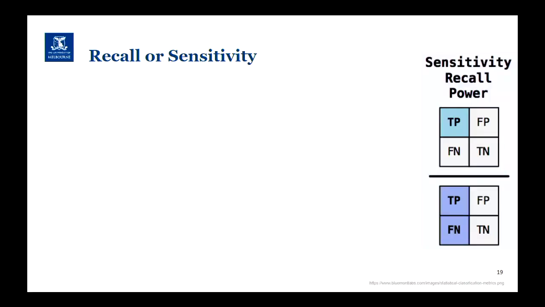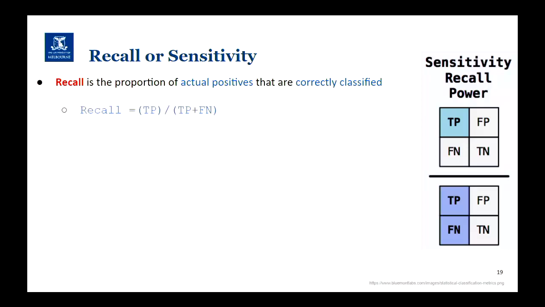Another metric is recall, also called sensitivity. Recall is the proportion of actual positives that we correctly classify, which you can think of as a recovery rate. So recall is true positives out of everything that is actual positive.